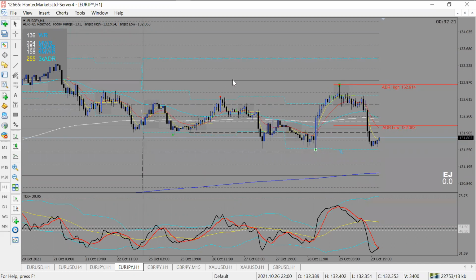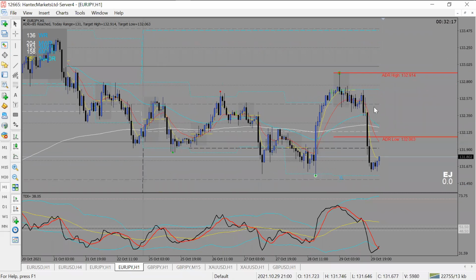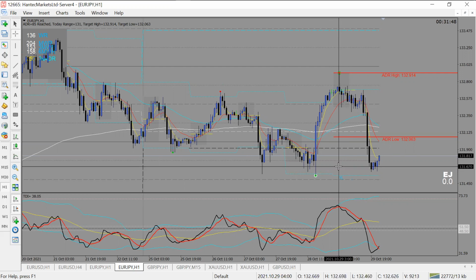From here to here is 100 pips. So this was a psychological whole number at this zone. You see how they broke that zone. And what did they do? They came and rejected this price point. What is this price? This is 132.750. They rejected it clearly. What did the TDI also do? The TDI crossed.